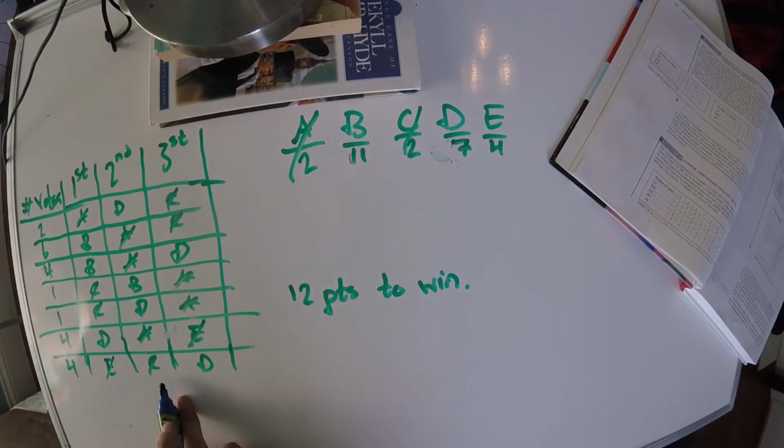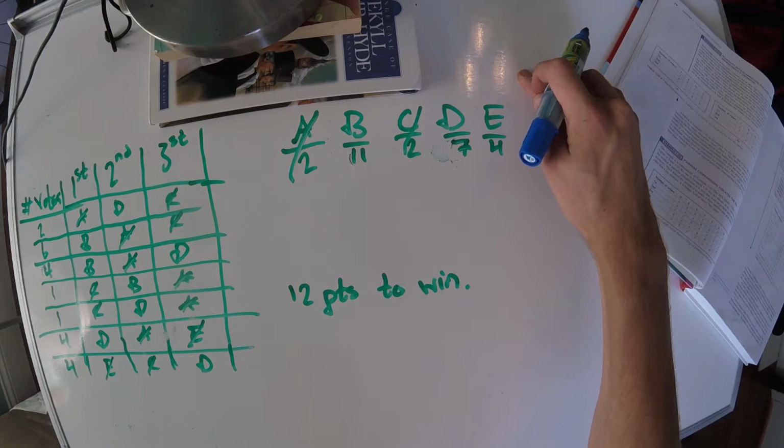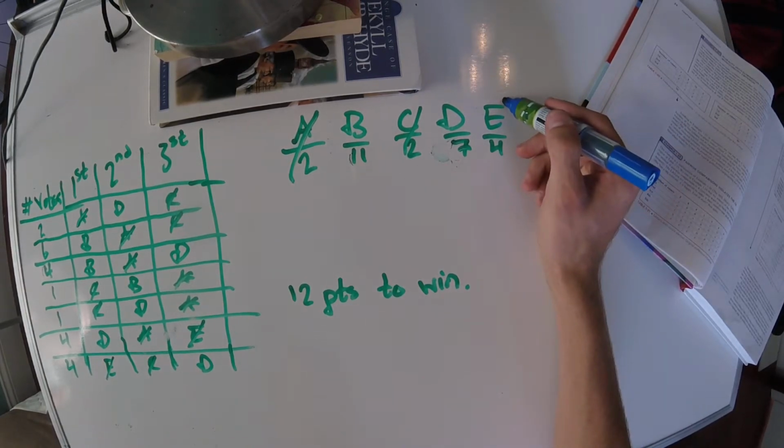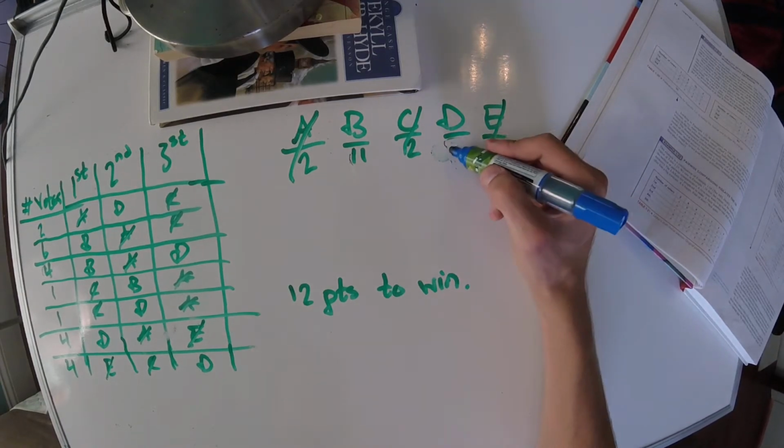Let's give those points to C. Oh, whoops. We can't do that because we've eliminated C. So we're instead going to give them to D. So going ahead and giving 4 points to D, let's cross this out, and then 7 plus 4 is 11.